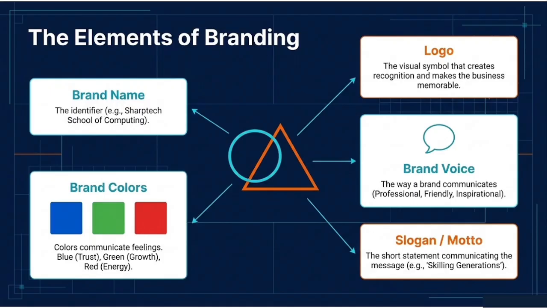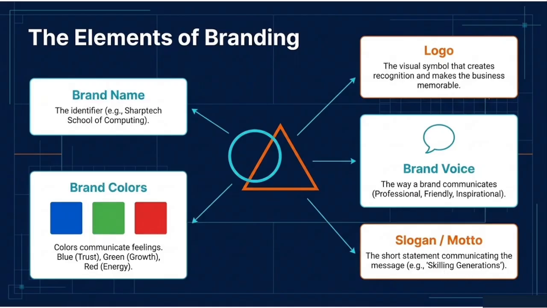Then we have another element, which is a slogan or a motto. When you think of a company or a business, you should think about a slogan. I've given you an example of our school's slogan. Our school's slogan is Scaling Generations.